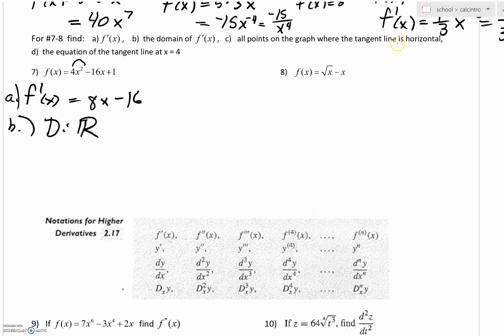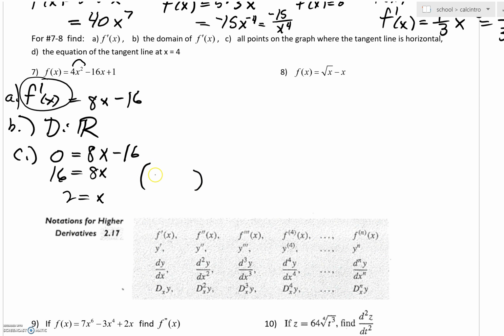Okay? For part C, they're going to say, where is this going to be horizontal? Well, guess what I'm going to let f prime equal? 0. And so very often kids will say, oh my gosh, you can pretty much just see the solution. You can see it's x equals 2. But we need a point, don't we? It's 2 comma.